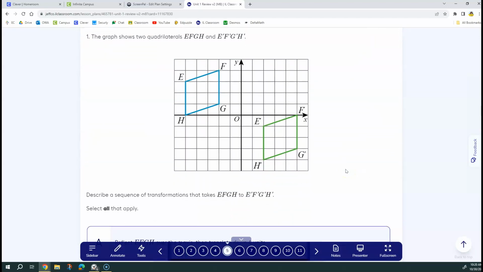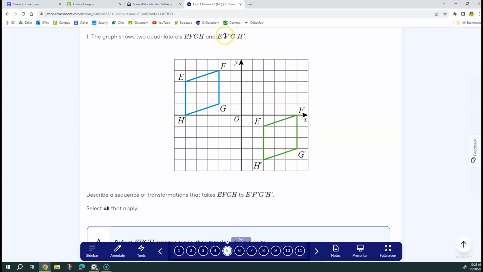Moving on to problem number 5. The graph shows 2 quadrilaterals, E, F, G, H, and E prime, F prime, G prime, H prime. So just so you remember, the blue figure right here is the original figure, and the green figure right here is the image. This is the copy.